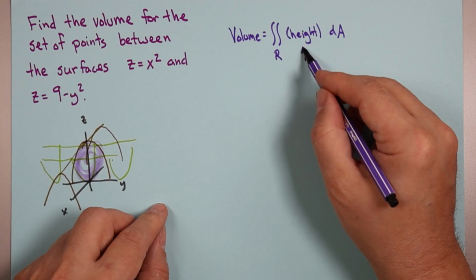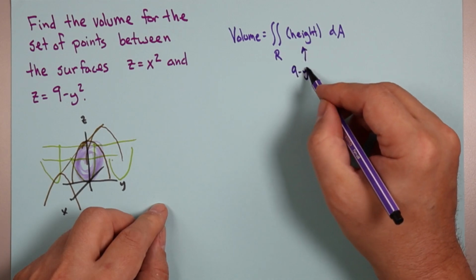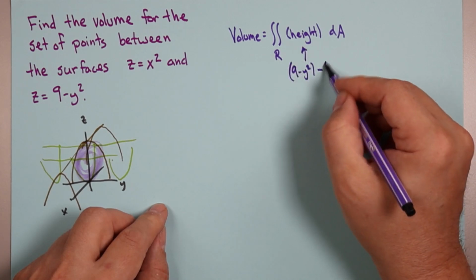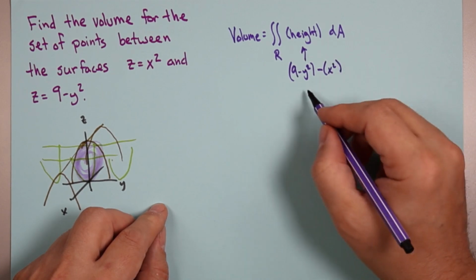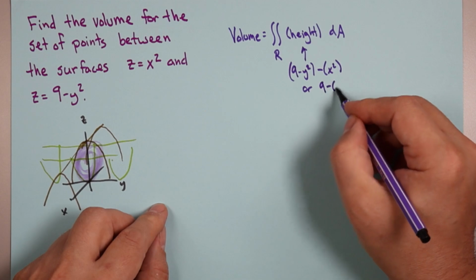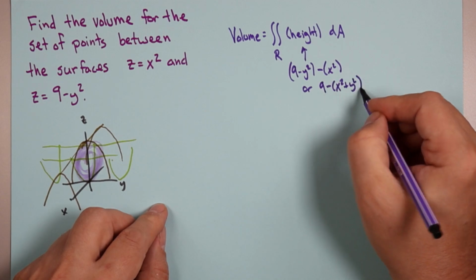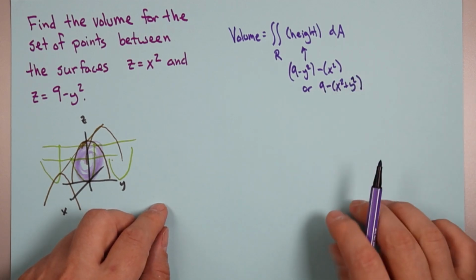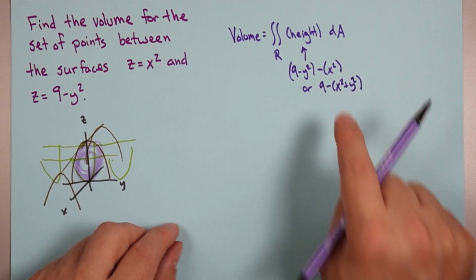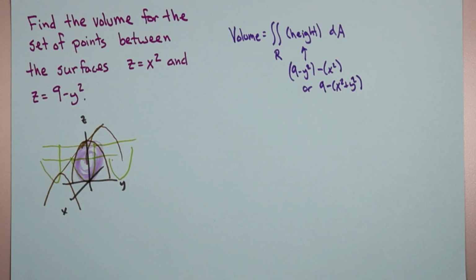So the height would be 9 minus y squared, subtract x squared, or 9 minus x squared plus y squared. And now you're like, oh, I think I know where we're going with this one. Yeah. Okay, but we still have to go there. Okay, so now where? Well, what's our region?